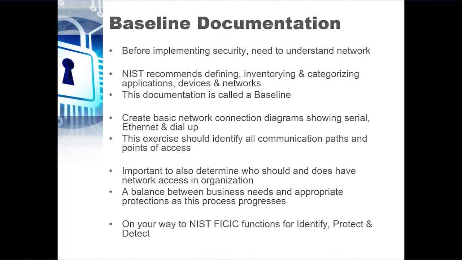There needs to be a balance between business needs of access and the appropriate protections to keep people and unwanted processes out. Doing all of this, you are on your way to the NIST CSF functions for identify, protect, and detect.